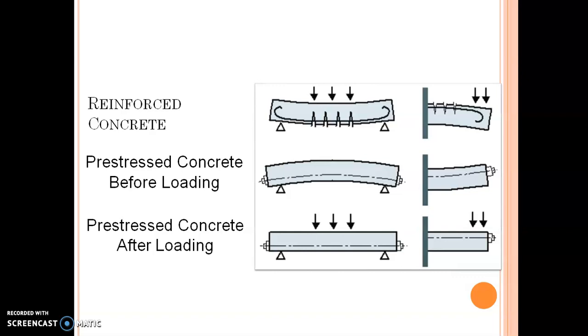So, we have to create compressive stress at the top by applying force in the tendon. Here the tendons are placed above the CG. When you stretch the tendons, it will create compressive force at the top. Once the load is applied, the tensile force due to the imposed loads and the compressive force due to the force applied in the tendons will nullify each other, and you will have better resistance.